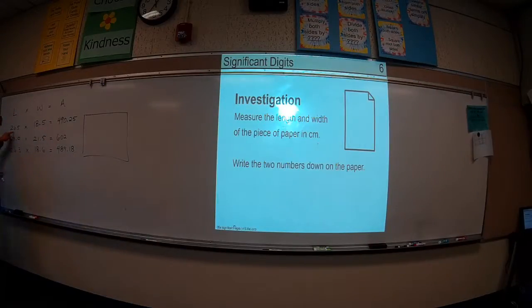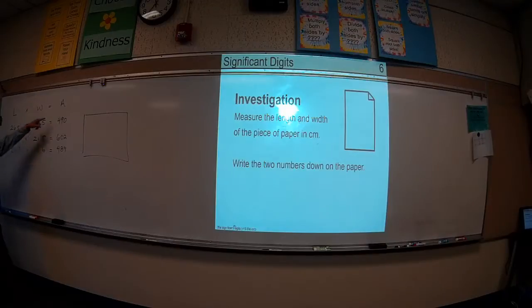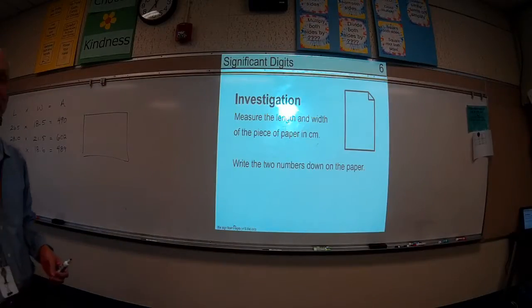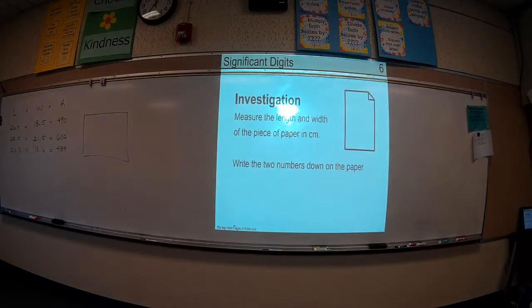The correct answers on all of these are right there based off of that ruler. I'm going to explain how I got to those numbers right now. What we're looking at is how do I accurately round something based off of the numbers that were given to me and the measuring device that I used.